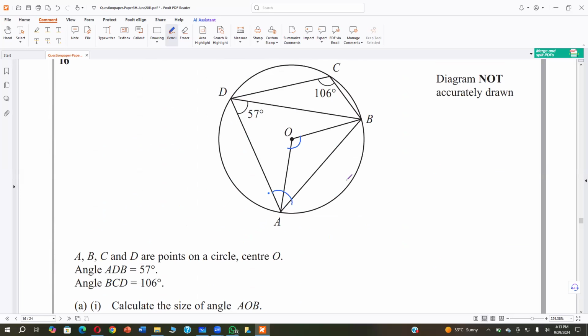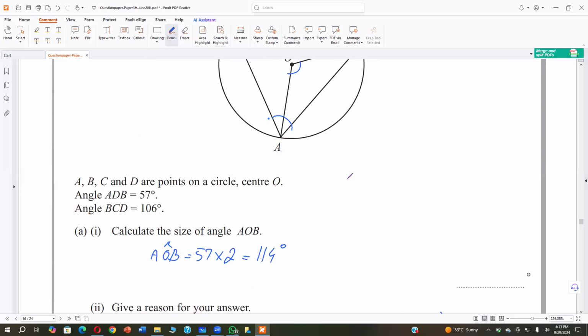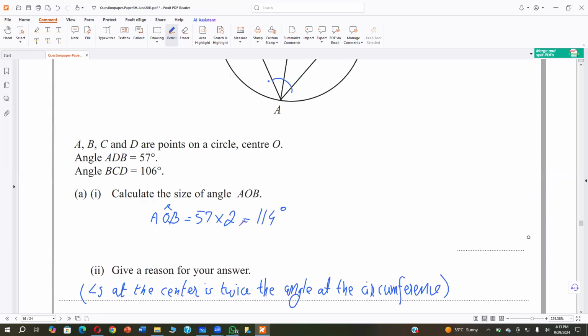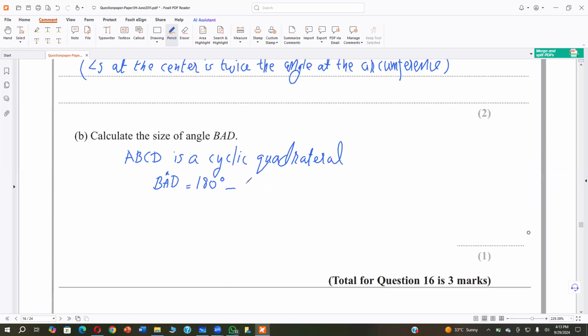106 is facing angle A, so 106 should be subtracted from 180. So BAD, which is the opposite angle, should be equal to 180 minus 106, and it will be 74 degrees. What's the property?